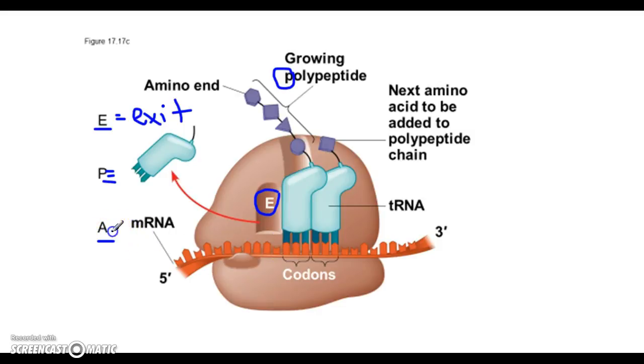And lastly, the A: think amino acid, a single amino acid, or think arrival, because each single amino acid is going to arrive there, again with the exception of that initial methionine.